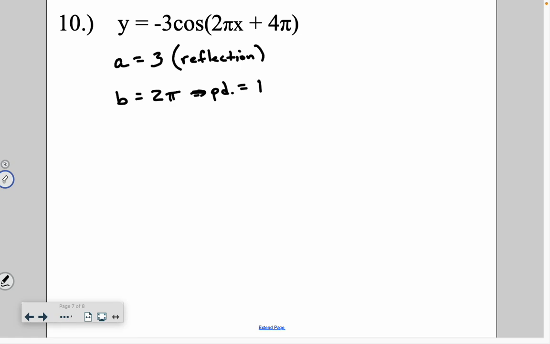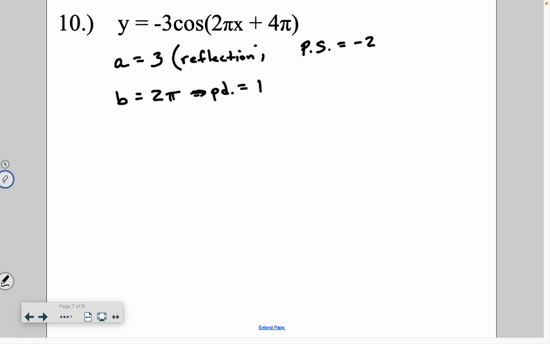Okay? Let's go to phase shift. What is our horizontal shift on this one? Yeah, again, opposite of B, -4 pi divided by 2 pi, you end up with a phase shift of -2 radians. Again, that's why there's not a pi in it. -2 radians.